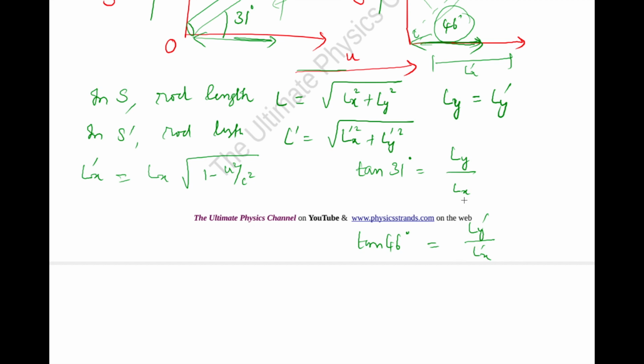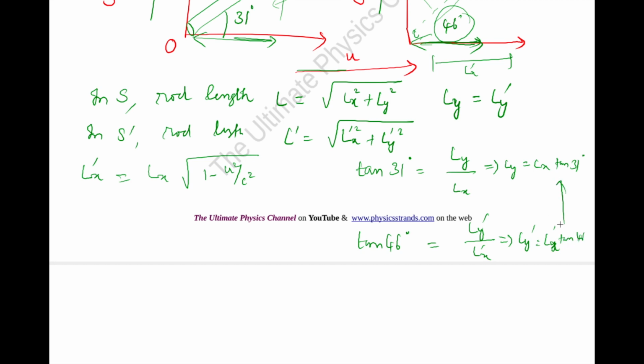Now using these two, we can say that Ly is Lx tan 31, and here I can write Ly prime as Lx prime tan 46.